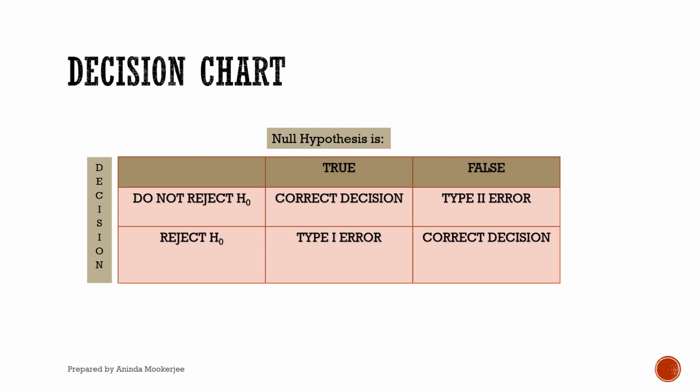Now, previously, when we were comparing hypothesis testing to a court trial situation, we said that the null hypothesis can be regarded as the defendant, correct? We can compare the null hypothesis to a defendant in the court trial situation, and a defendant is always assumed to be innocent to start with.